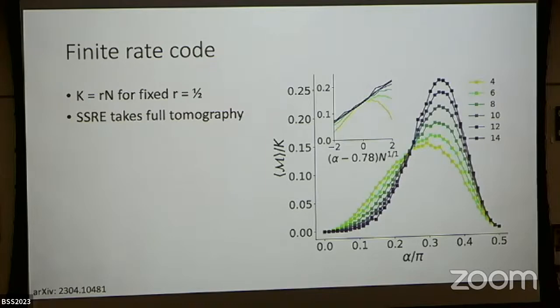But in the numerical case, the theory calculations, we can go up to system size 14. You can see the crossover point here, which has a scaling collapse with the system size. So we have indications already of this phase transition in the magic, and this is the SSRE, which we do numerically.